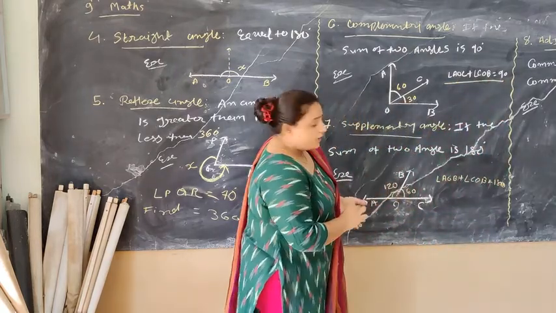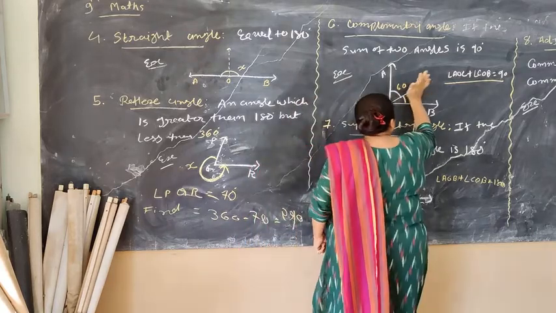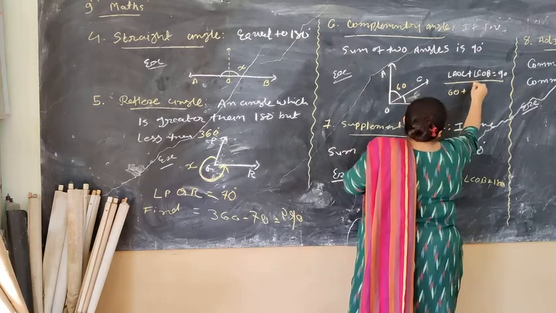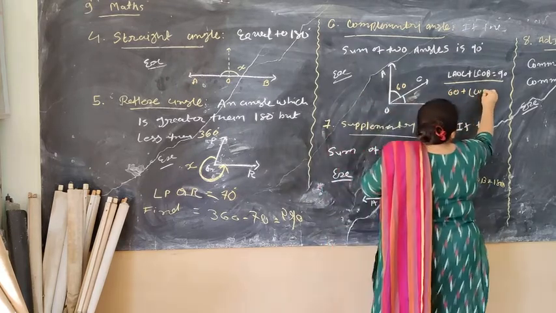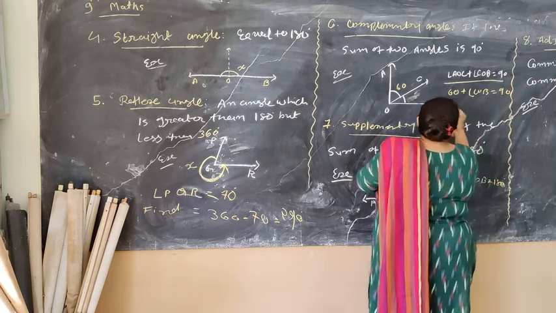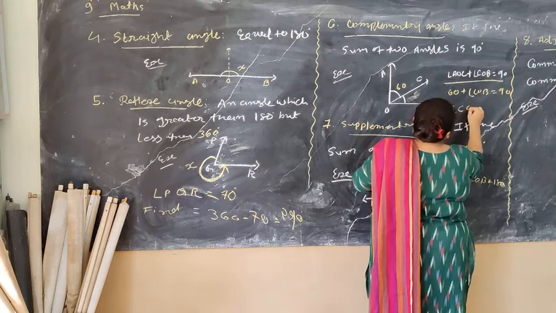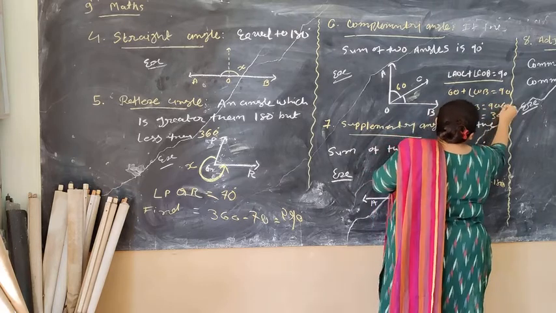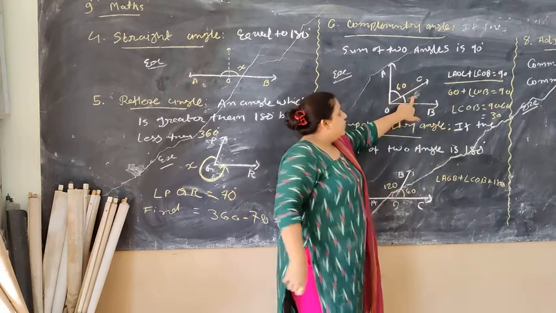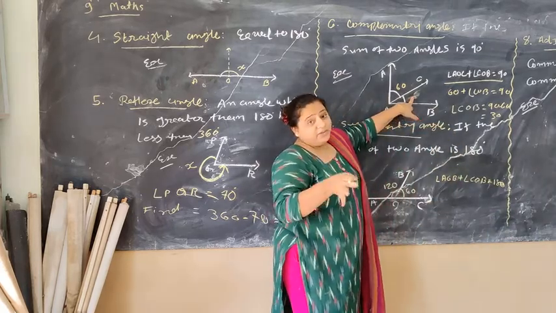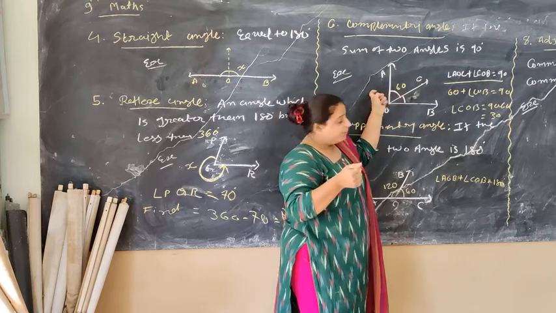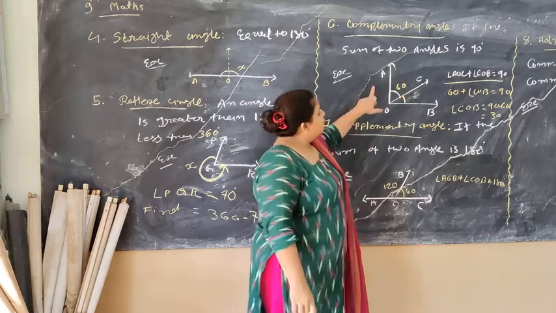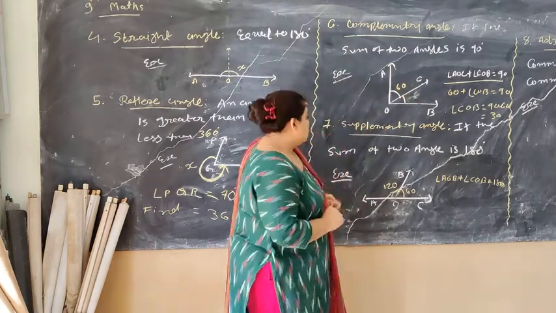Sometimes they ask: suppose angle AOC equals 60, find the other complementary angle. Then you will do angle COB equals 90 minus 60, that will be 30. So the angle will be 30 because it is complementary. If one value is given, you have to find the other by subtracting or adding. Right? So this way you can find a complementary angle.